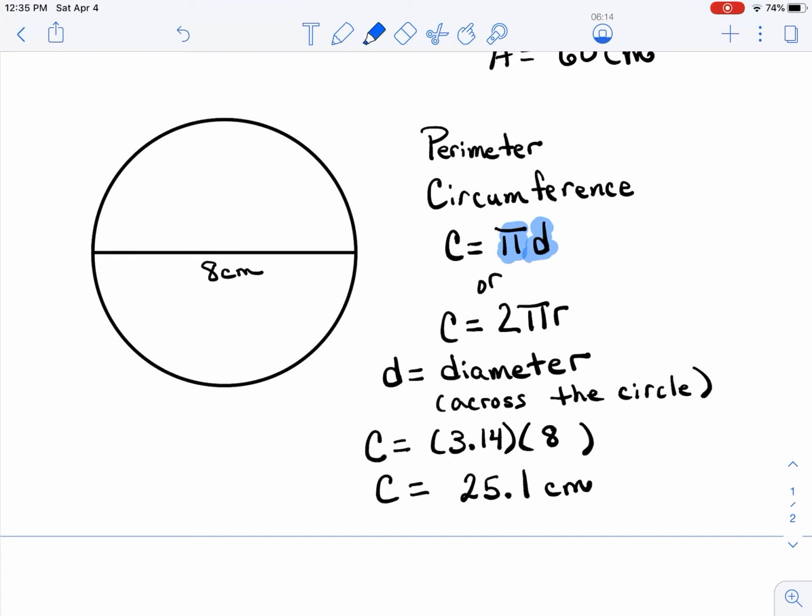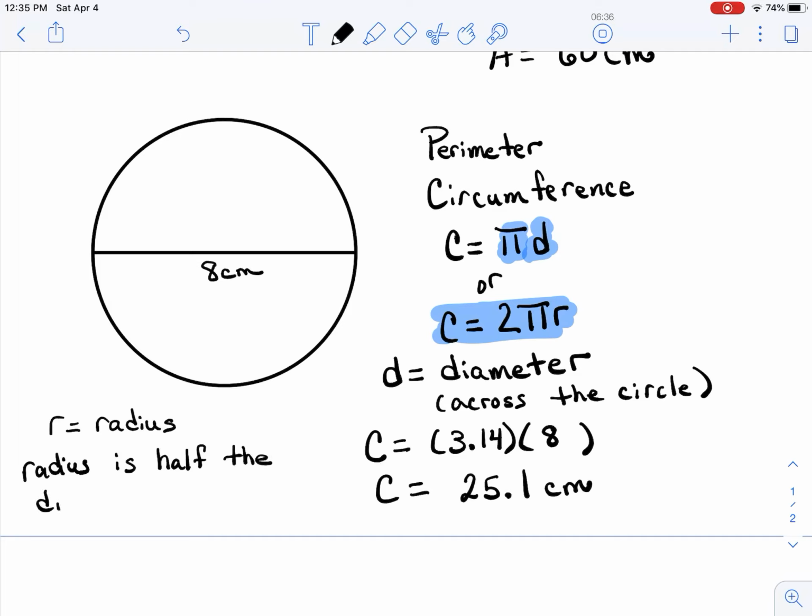Now if I wanted to use this version of the formula, I would need R. So when you're dealing with a circle, R in all the formulas is going to signify the radius. So the radius is half the diameter. So if our diameter was 8, that means our radius R would be half of that, 4.